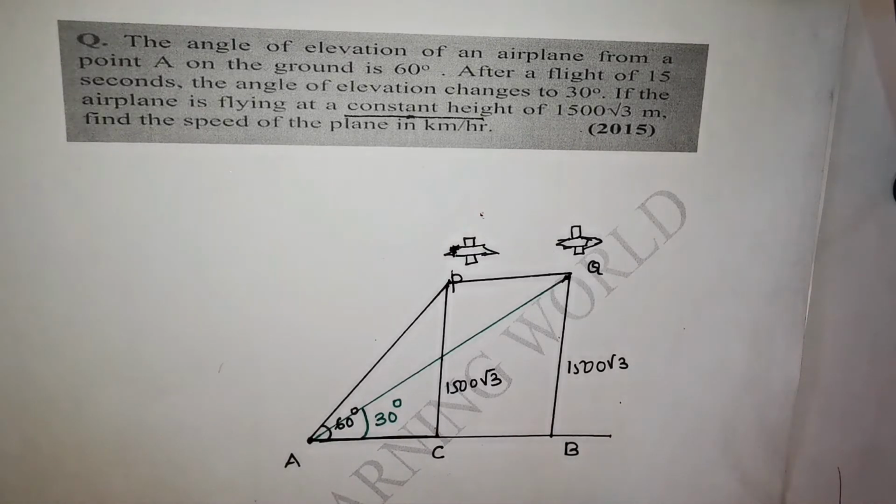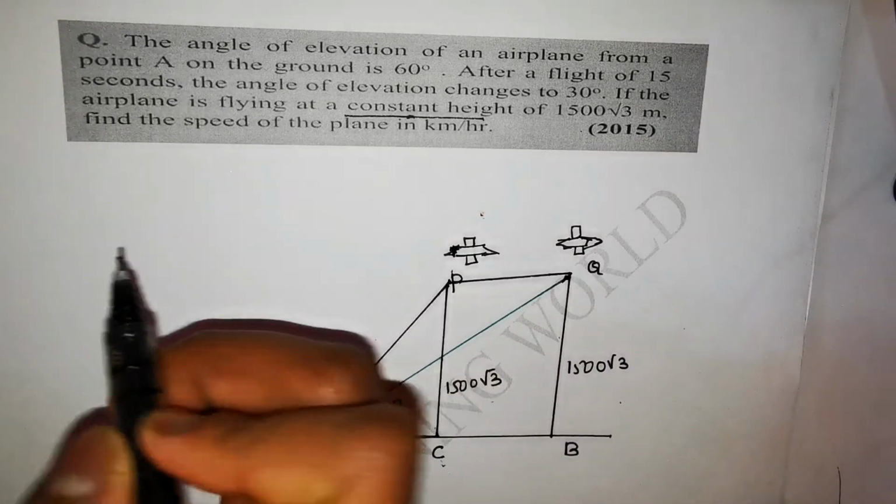So which triangle can we start from? We can start from the triangle APC, because we have one known side, 1500 root 3, and we have the 60 degree angle here. So let us start from the first triangle, triangle APC.